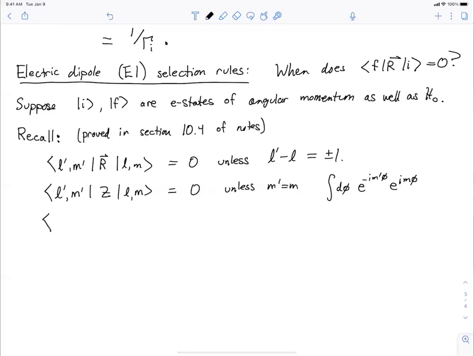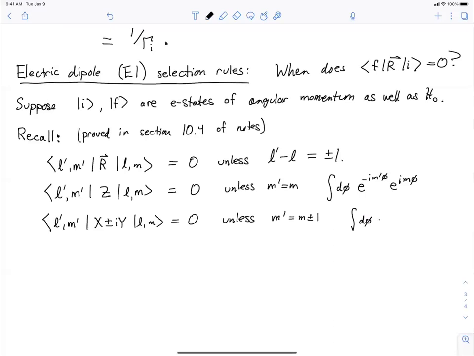And then similarly, you can look at interesting combinations, x plus or minus iy. That's 0 unless m prime is m plus or minus 1. If you have just x, then x is a linear combination of x plus iy and x minus iy. So that will be non-zero if and only if m prime is either m plus 1 or m minus 1. And again, you can see the reason for this from the spherical harmonics.